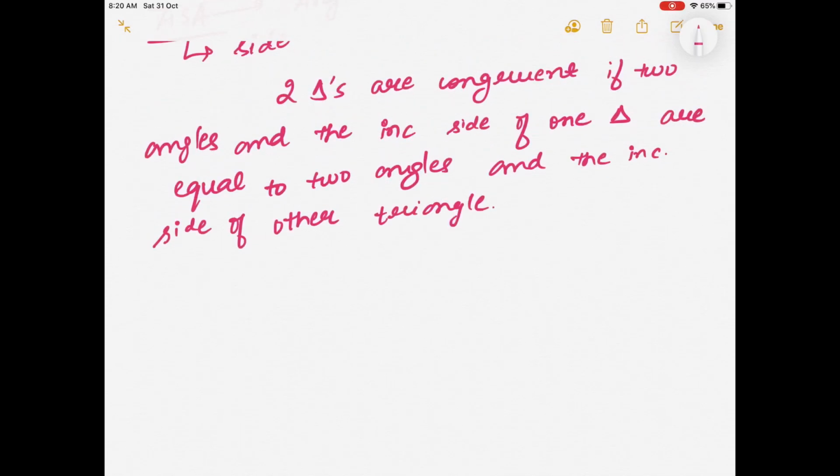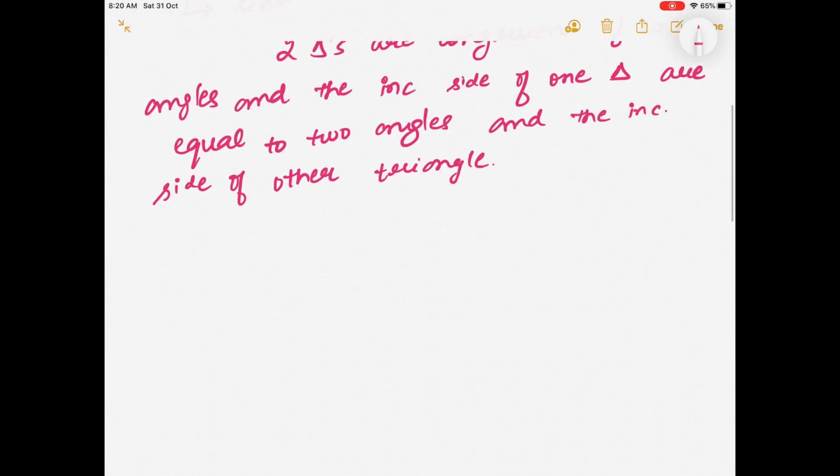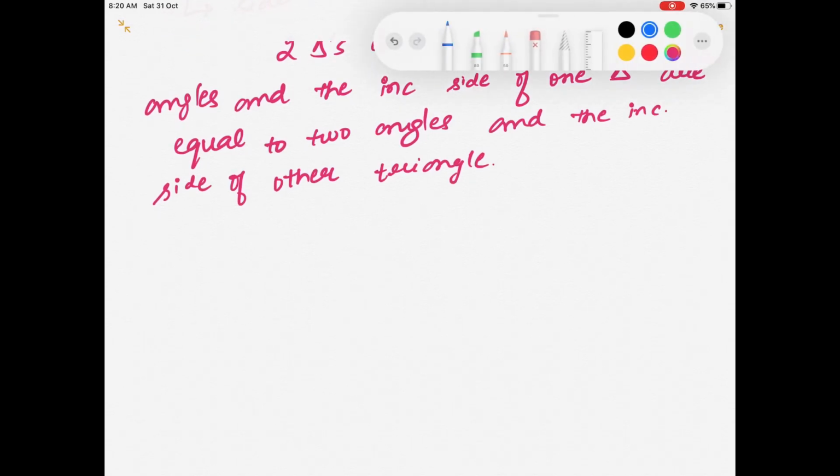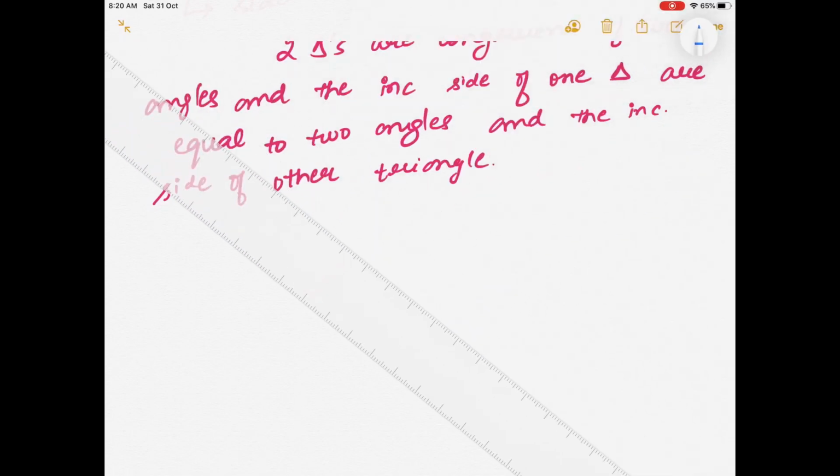This rule states that if two angles and one side of one triangle are equal to two angles and one side of the other triangle, then these two triangles will be congruent to each other. And if we prove that these two triangles are congruent to each other, then the corresponding parts will be equal to each other. So here let's understand this rule with a simple question.